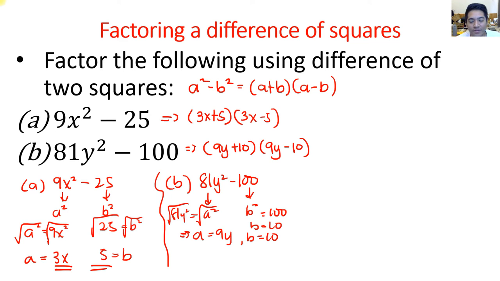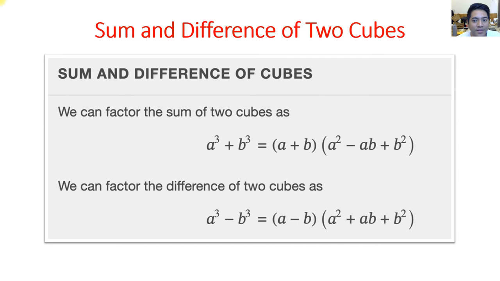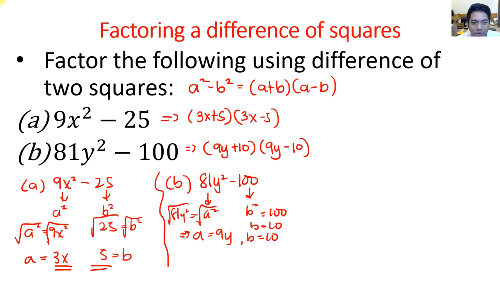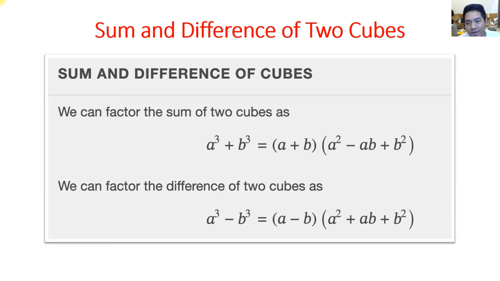Alright. Now let's go to the sum and difference of two cubes. If we have the sum of cubes, we have this formula: a cubed plus b cubed equals a plus b, the quantity, multiplied by a squared minus ab plus b squared.